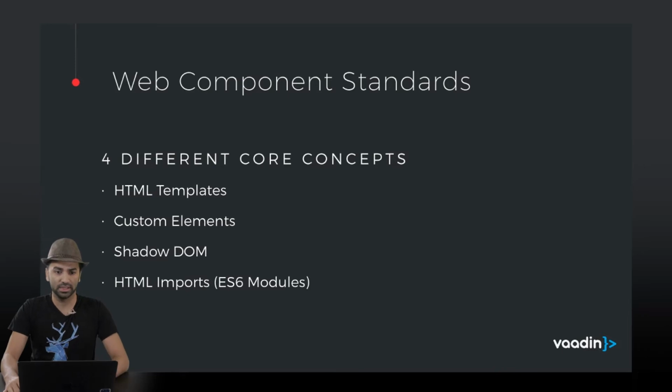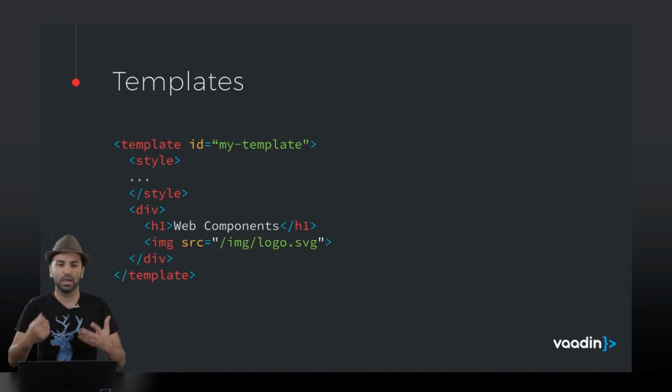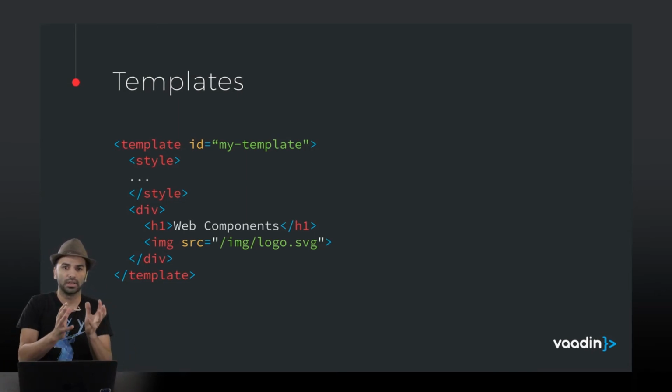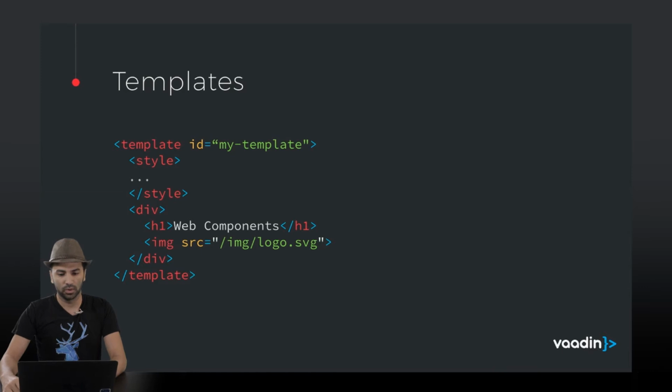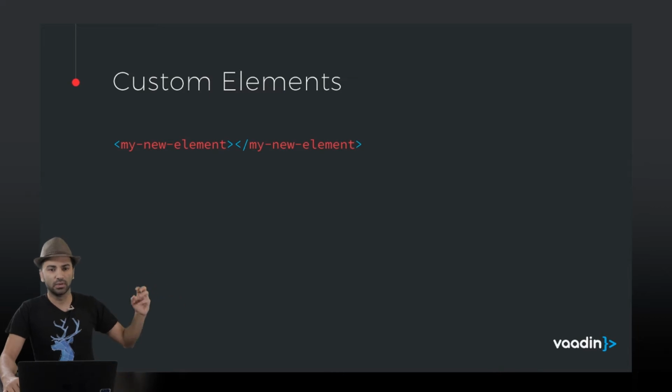So what does each of those mean exactly? Templates is just a very simple way of defining how your HTML structure will look like. You can even include some style and also some JavaScript. So just a template of how the structure of your DOM will look like. And then the custom element, which is a definition of how exactly your element will be exposed inside the browser and how other developers can use it.